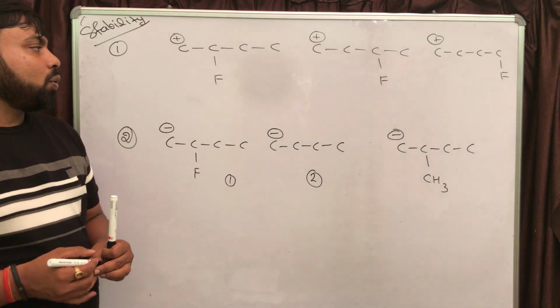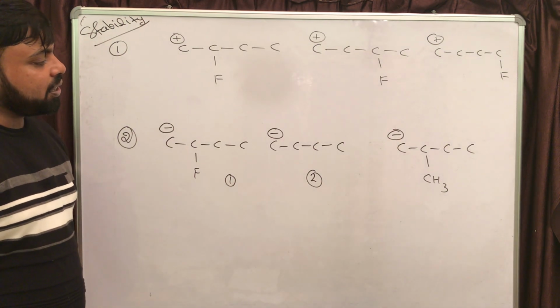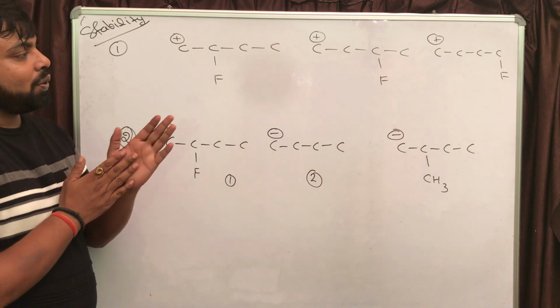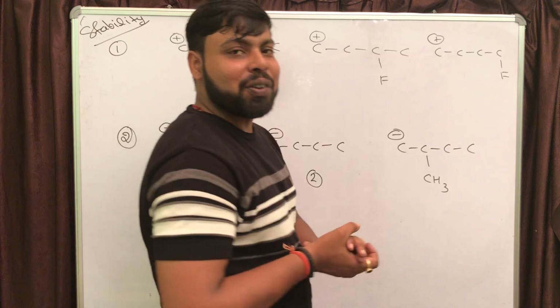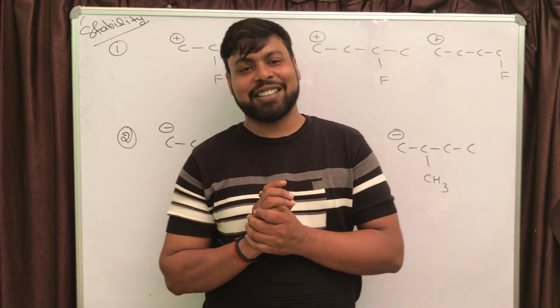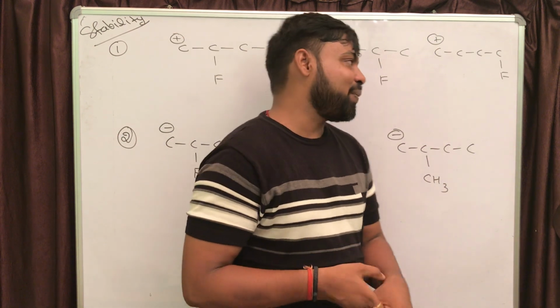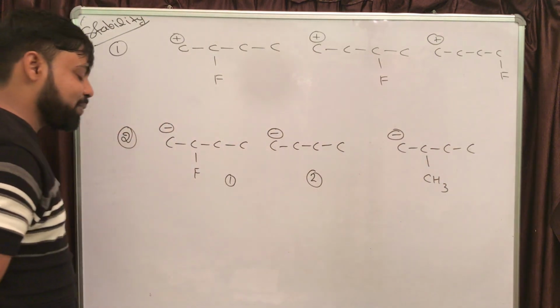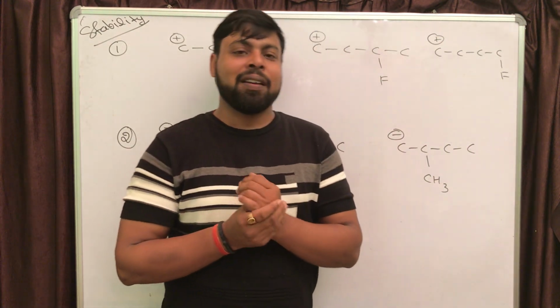If you want to find the stability of a species given in these two questions, first one, there is an application of the statement which was given in definition, right? The definition was, in definition portion, one statement was given.